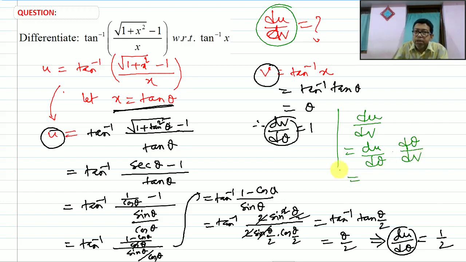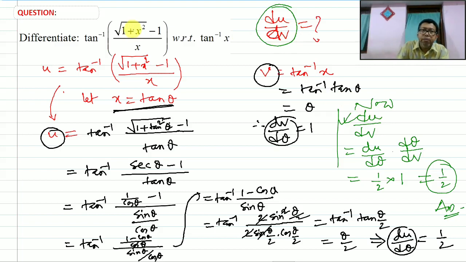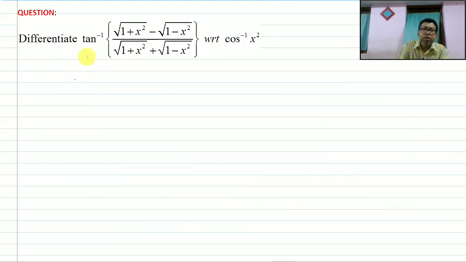Du d theta is half, and d theta dv is 1 by 1, which means 1. So the result is half. So du dv, the derivative of tan inverse of (root over 1 plus x square minus 1) divided by x with respect to tan inverse x, is half. Okay, next question.